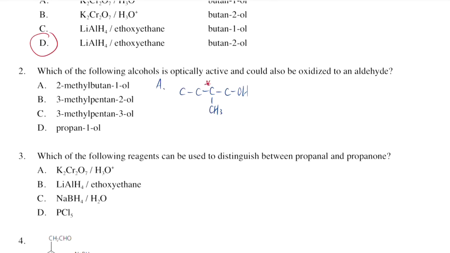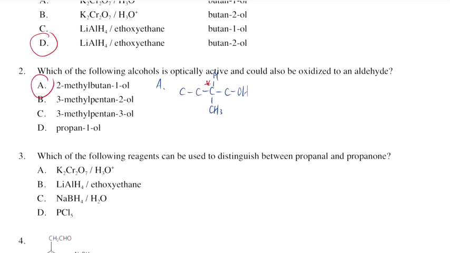If I draw the hydrogen here, it is attached to 4 different groups of atoms. So this carbon is a chiral carbon, and this molecule is optically active. Then we need to examine whether it can be oxidized to an aldehyde. Remember, only primary alcohol can be oxidized to an aldehyde. This one is a primary alcohol, so it fulfills both requirements. So A should be the correct answer.